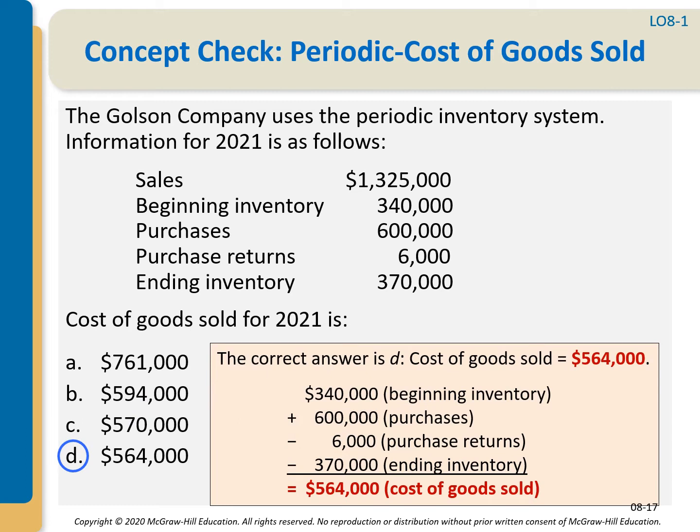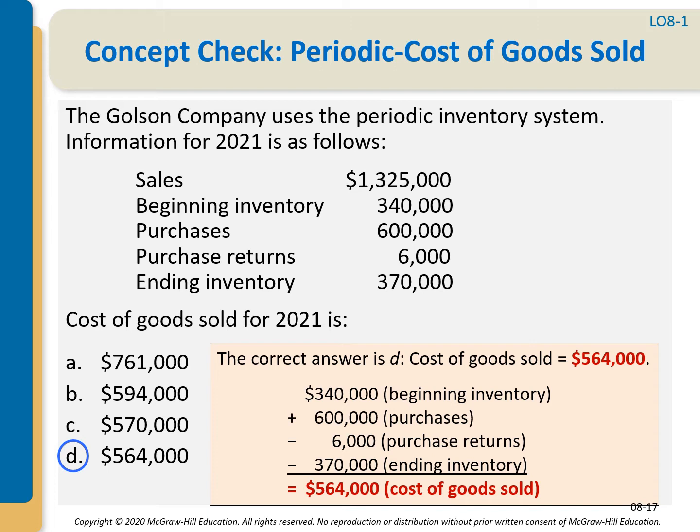Beginning inventory is $340,000. You add new purchases to it. We totally ignore sales because we're not tracking cost of goods sold. It's not relevant for the calculation here. So we've got inventory plus purchases. That gives you the items that are available for sale.